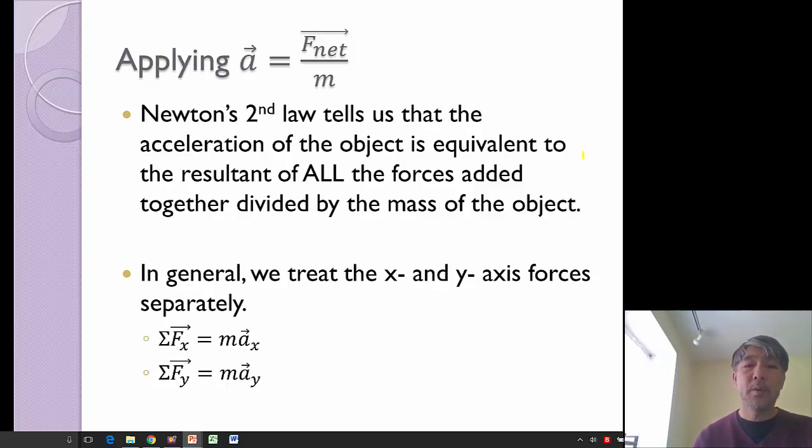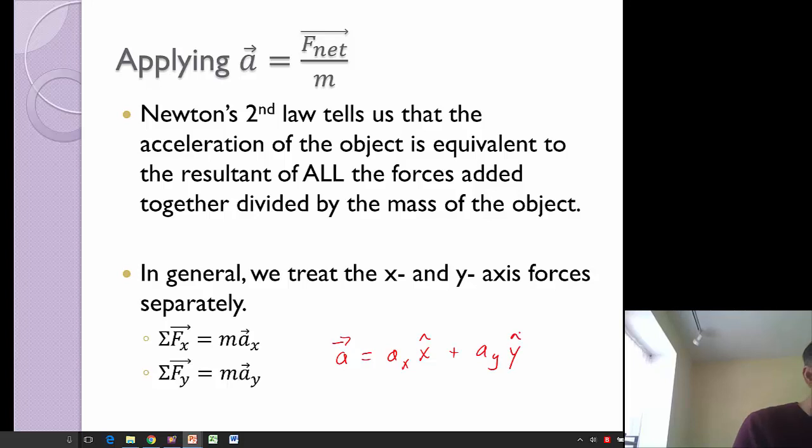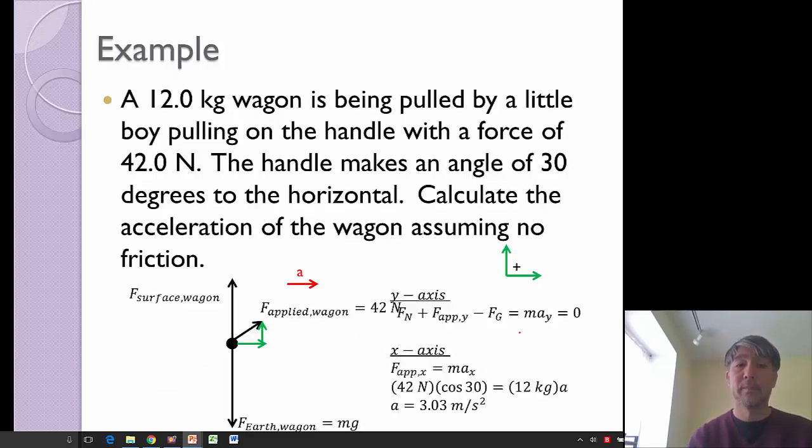And then I could put my full acceleration vector together as a_x x hat plus a_y y hat. In general, one of those values will be 0, and that'll make the problem a lot easier for us, thankfully.